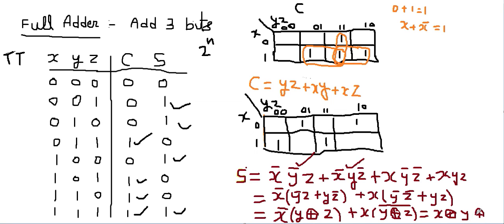So it comes out as your Boolean functions: for sum we have x XOR y XOR z, and for C we have yz plus xy plus xz. So you can now easily draw a logic circuit for these Boolean functions for sum and carry.